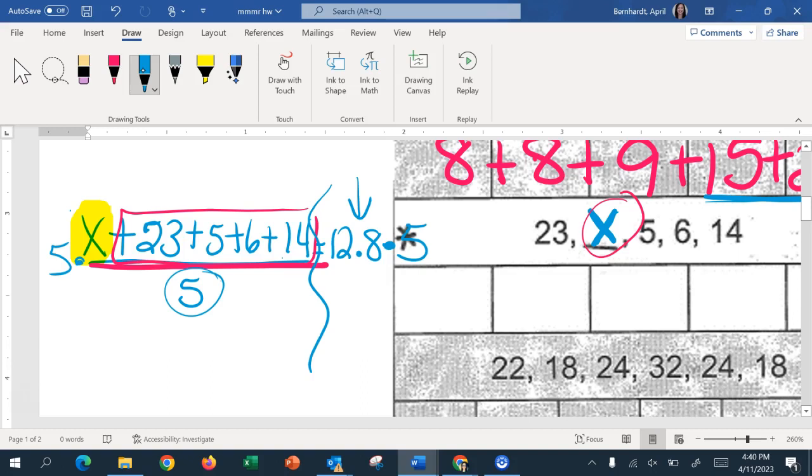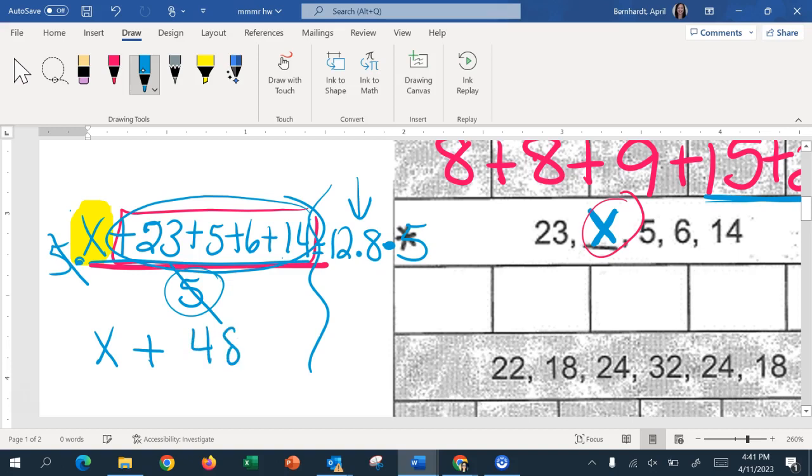So we're going to multiply both sides by 5. The 5s on the left side of our squiggle cancel out. I'm left with X, and then I can quickly add up these data values right here. So 23 plus 5 plus 6 plus 14 equals 48.